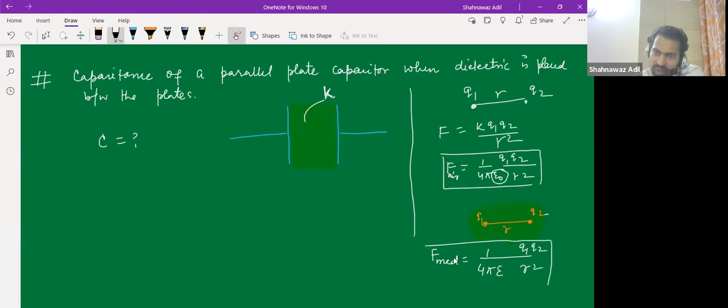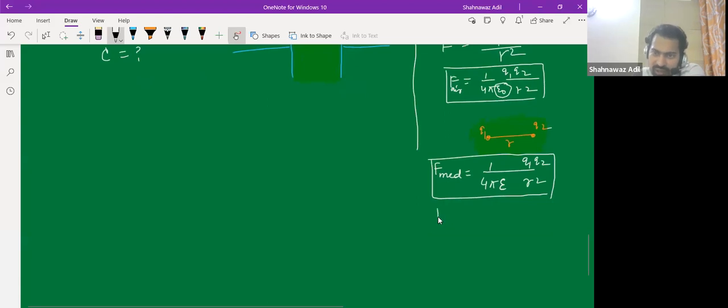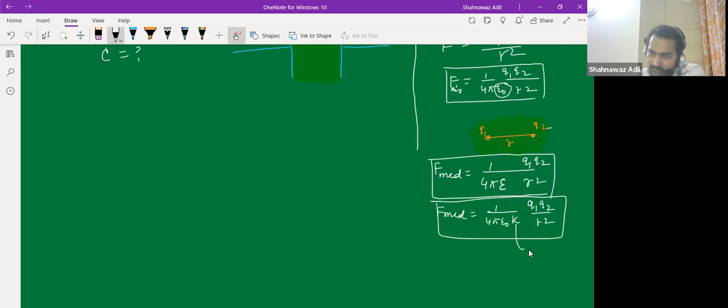So this is the force in the medium, right? Do you guys remember now? And this is equal to 1 by 4 pi epsilon naught K, where this K is your dielectric constant.